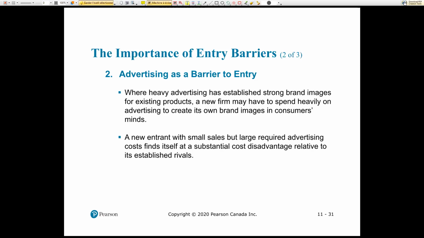And then we don't really know if there are other smaller players which do not advertise all that much because we don't see them. But the problem with that is advertising is very costly. So it eats up a big chunk of your profits.